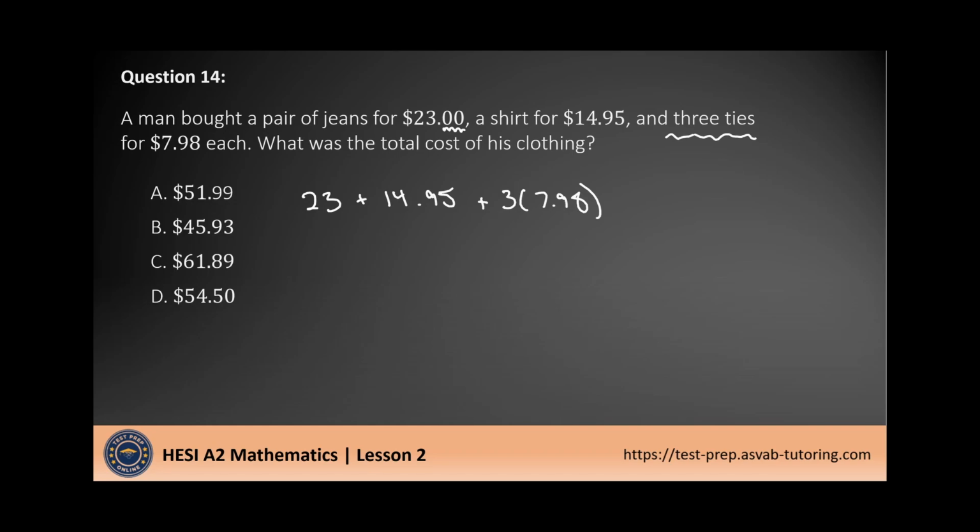Right, order of operations here, we have 3 times 7.98. So we're going to do that first. There's a couple ways you could do this. The typical way, what we've been doing, would just be to stack them and do 798 times 3. But 798 is really close to 8. So I know that 3 times 8 is going to be 24.